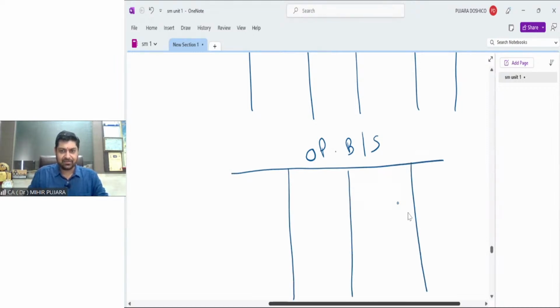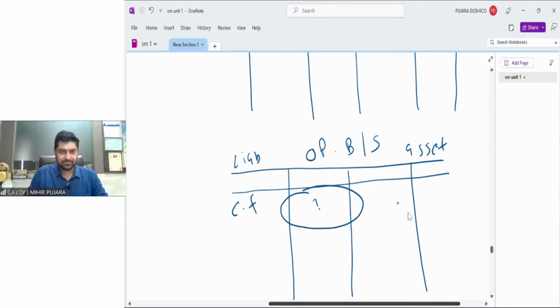Here you can prepare only 4 simple columns because no adjustment will be there. This is the purpose for which we need to find out the opening balance sheet.